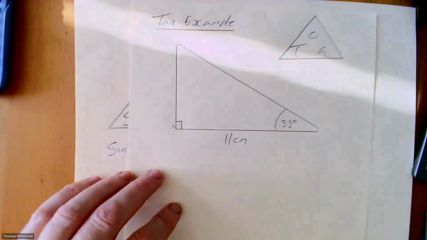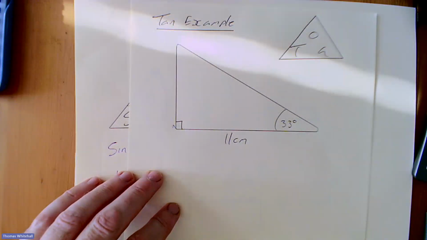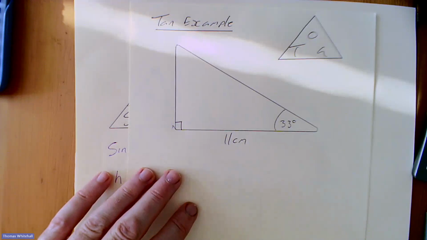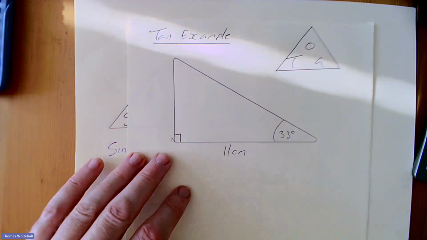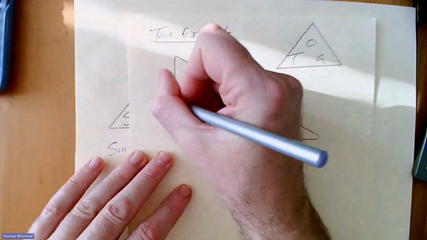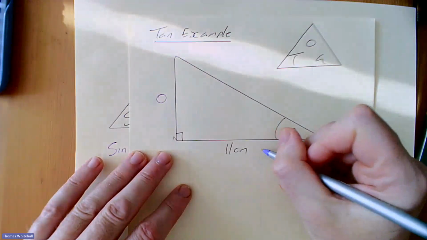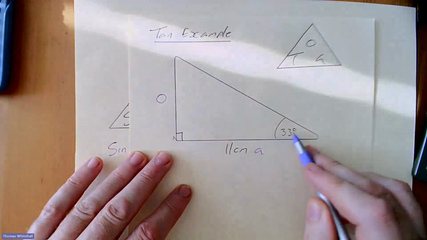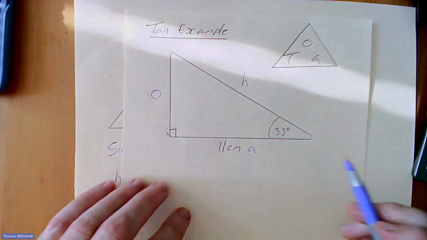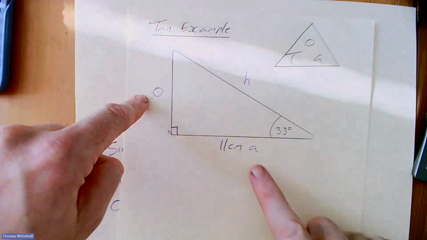For our tangent example, they're asking us to find the opposite side. So we know this is the included angle, so this is the opposite. We know this is the adjacent because it's next to the included angle, and this, as always, is our hypotenuse. But we're after this, and we're given this.